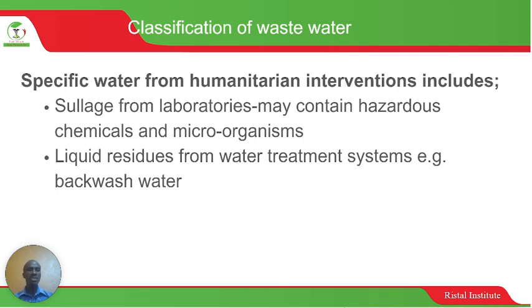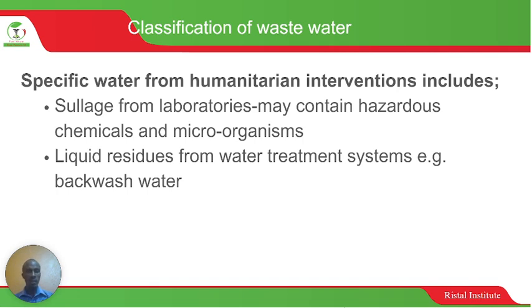You can imagine, if this water is coming from laboratories where they use different reagents, it might contain hazardous chemicals and microorganisms, because if they are dealing with people who could be having diseases, then that wastewater will also be having those microorganisms.